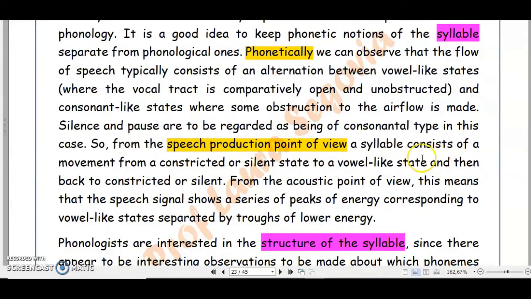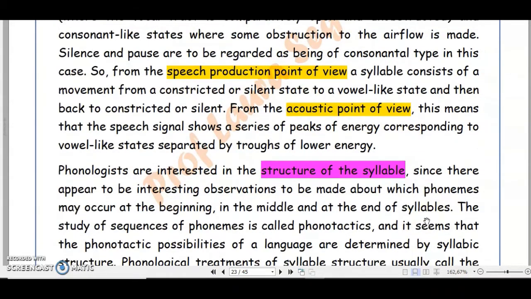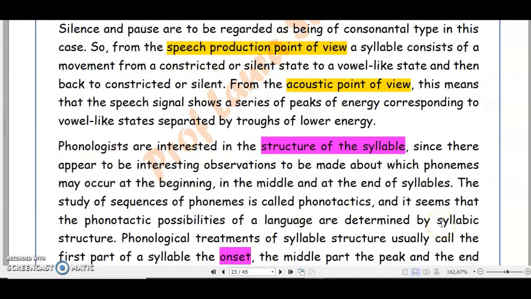From the acoustic point of view, this means that the speech signal shows a series of peaks of energy. That is how you perceive. Remember that acoustic is how you perceive. So when you say a syllable as no, the n part and the O part have different peaks of energy.